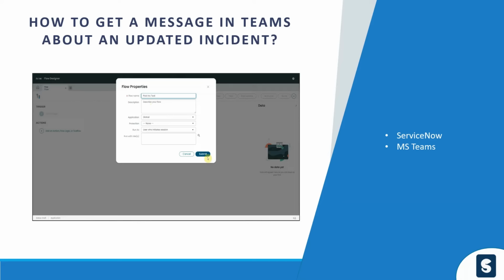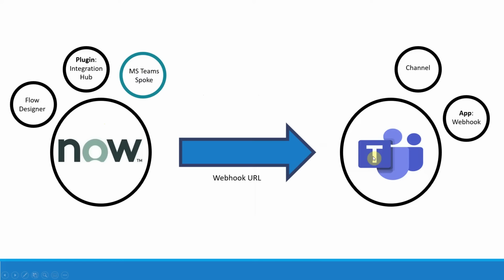Okay, so let's have a look at what it will take to set up our configuration. Key components, obviously, we need ServiceNow and Microsoft Teams. In ServiceNow, there are different elements we need to set up. We're going to use Flow Designer. We're going to need the Integration Hub plugin, and we're also going to need a Microsoft Teams Spoke as well.